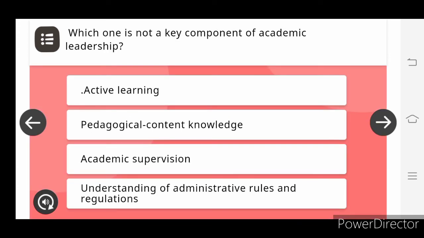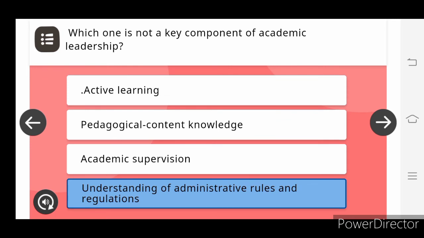The next question: which one isn't a key component of academic leadership? Active learning, pedagogical content knowledge, academic supervision, understanding of administrative rules and regulations. Here the right option is understanding of administrative rules and regulations.